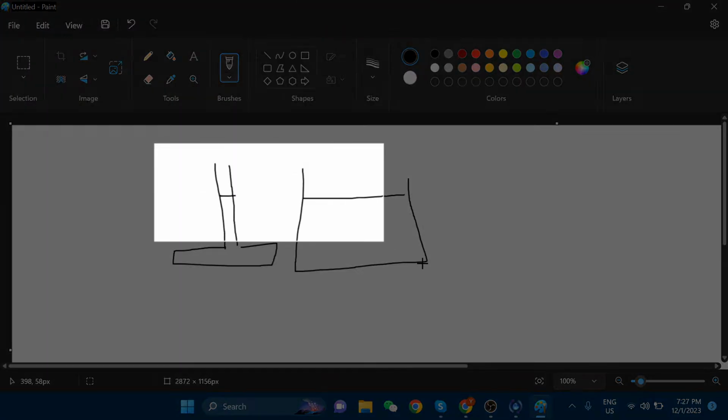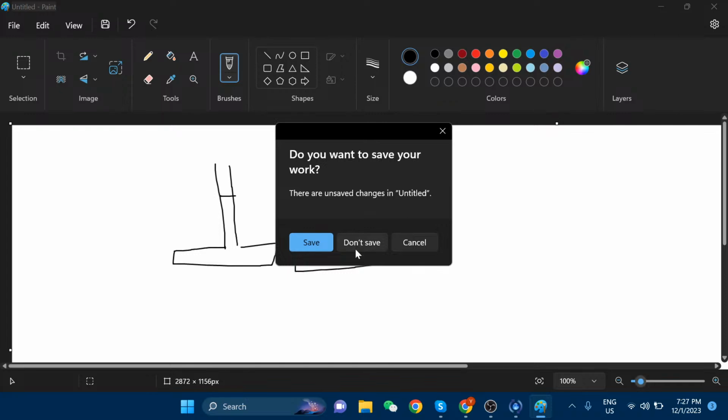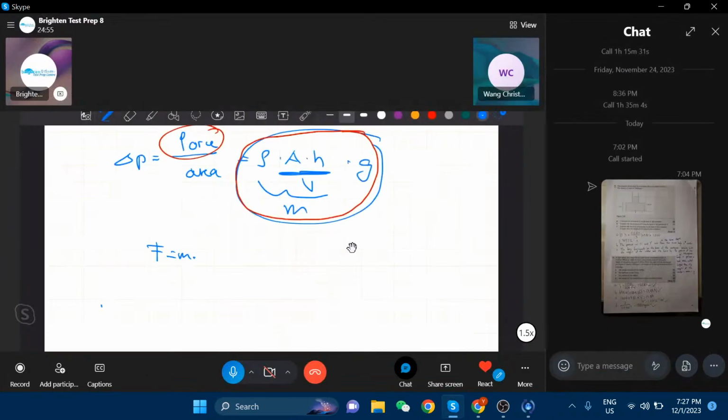This is my force because it's mass times G, just very classic Newton, that says force is mass times acceleration. And this is nothing else but the mass. So what counts? The H is a bit misleading. It's not really the height of the water column which counts, but it's part of the volume to calculate what is actually in there.